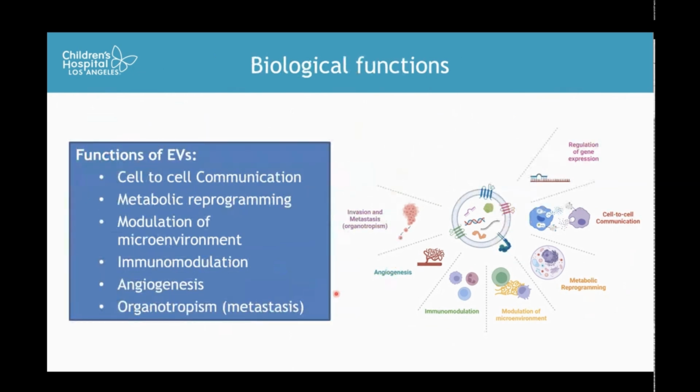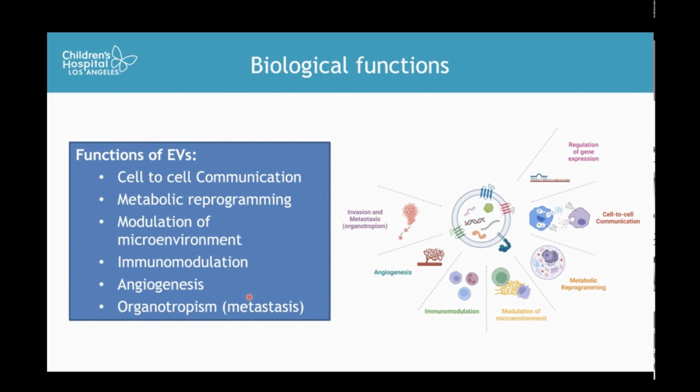Generally speaking, regarding biological functions of EVs, they tend to be regarded as cell-to-cell or cell-to-environment communicators. By inducing, for example, metabolic reprogramming of cells, they can modulate the microenvironment by, for example, modulating the extracellular matrix, modulating the activity of immune cells, inducing angiogenesis, and also dictating organotropism in metastasis.